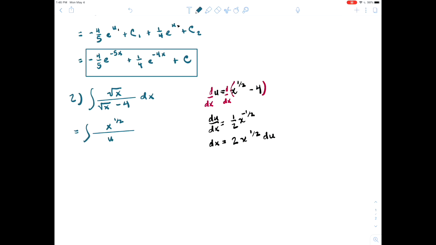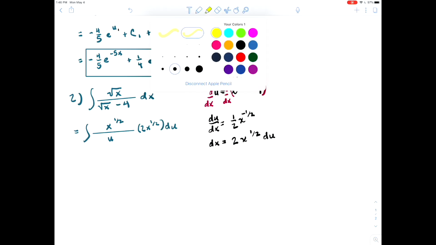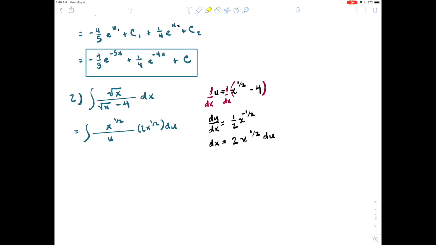And then what was our dx? I'm replacing dx. It was 2x to the 1/2 times du. So all I did for this one is this here is equivalent to the dx, right?